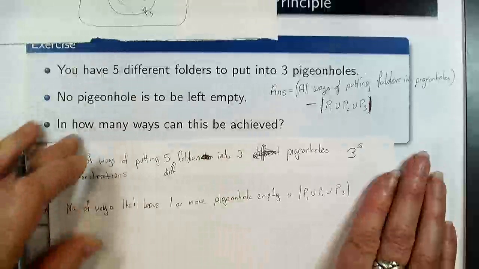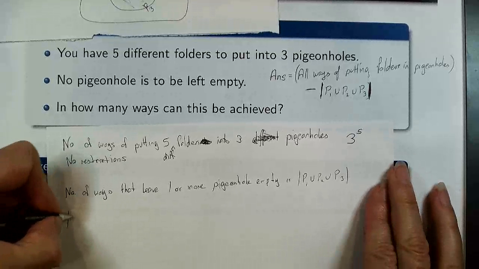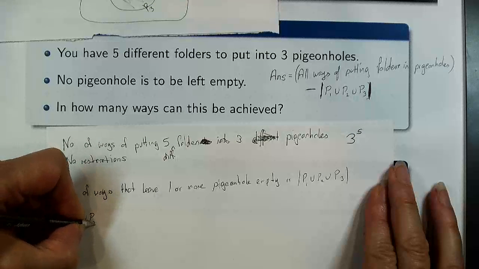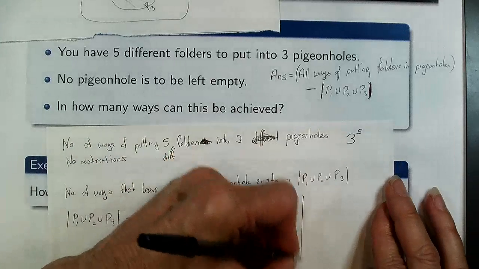So I want to work that out and subtract those bad ones from the total, 3 to the 5th. P1 union P2 union P3 equals, oh dear, I don't know what, let's see.